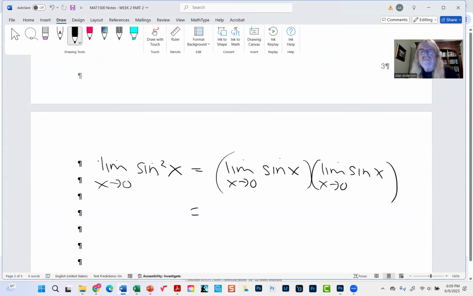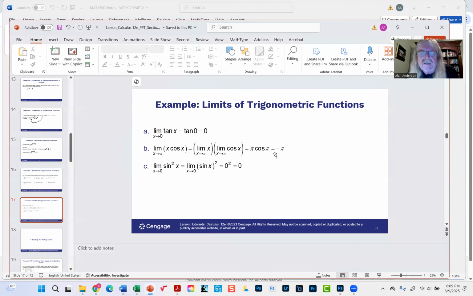All right. And so now if you go to your calculator, the sine of 0 is 0. Well, that was easy. Either that or direct substitution, you'd have 0 squared and you'd have 0.